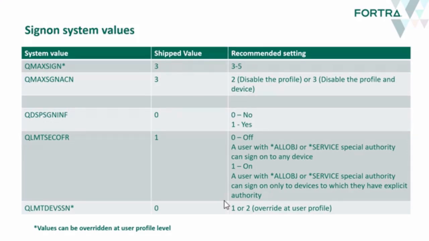So the shipped value for the max sign-on is 3. Our recommendation is between 3 and 5 attempts before an action is taken. The shipped value for the action to be taken is to both disable the profile and disable the device. We recommend at minimum to disable the profile.